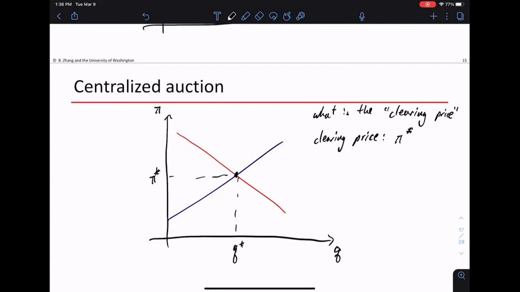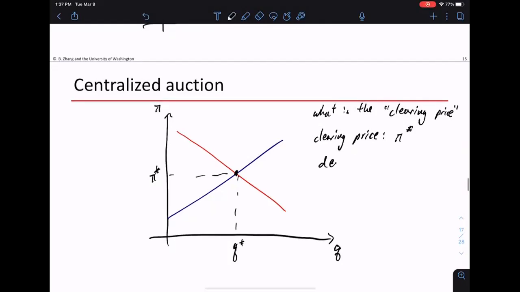What this means is a demand, let's say Q hat, if cleared, pays Q hat times pi star.